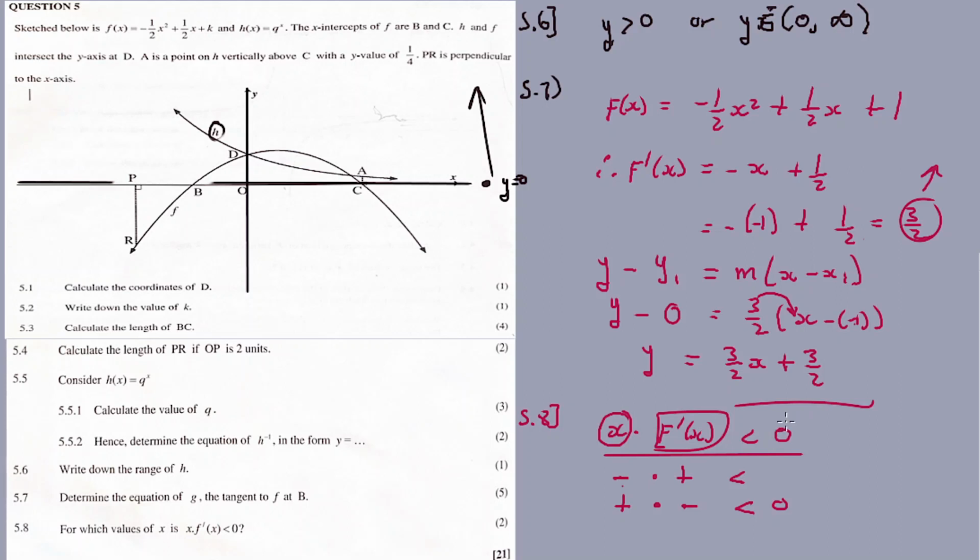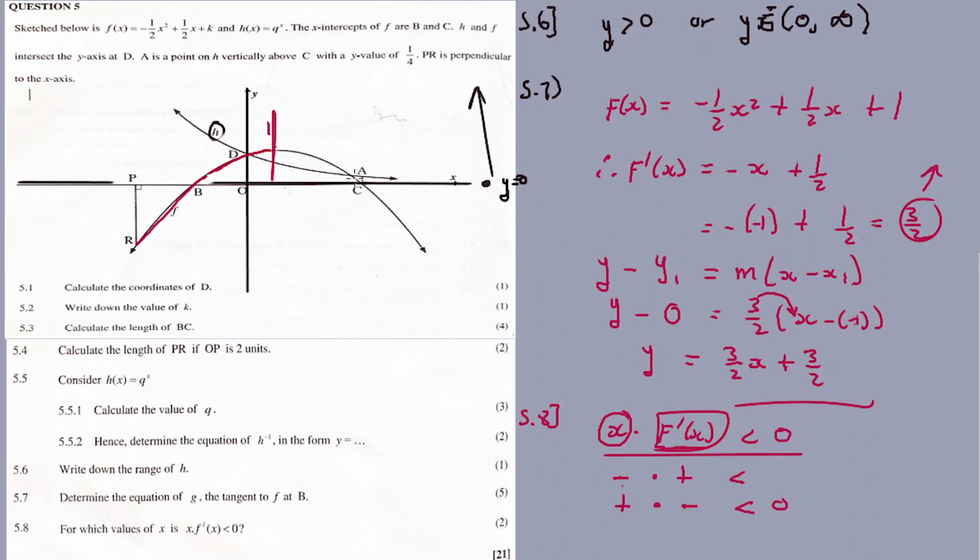Yes, parabolic function. If it's concave up like this until it reaches a turning point, let's say the turning point is here. When your function is concave up, your gradient is positive.